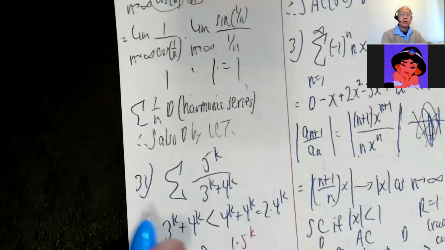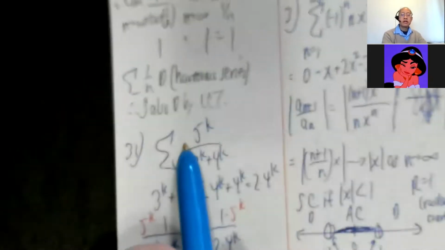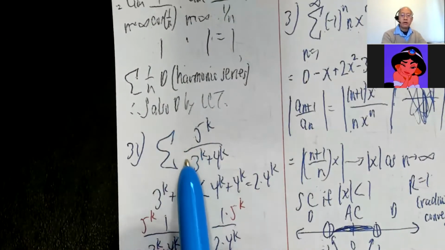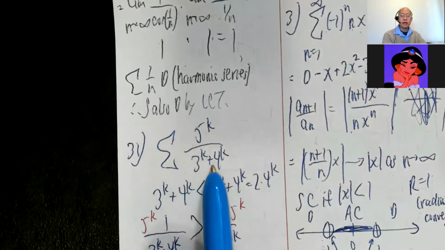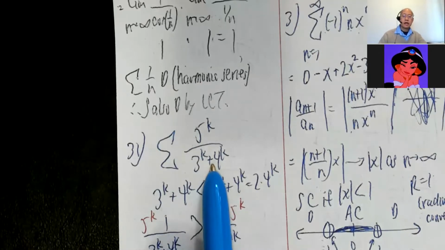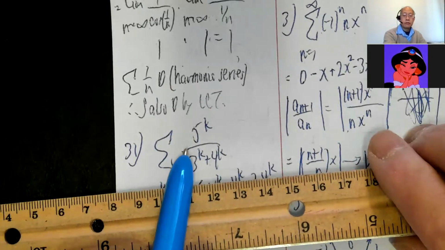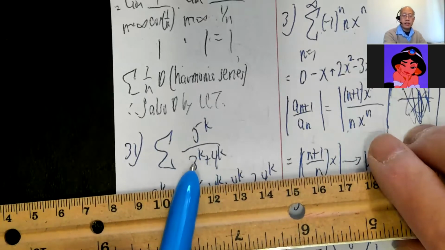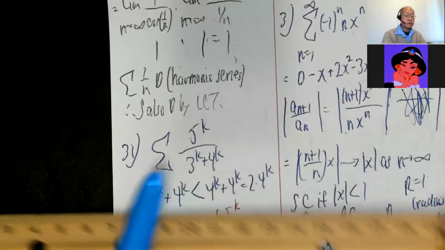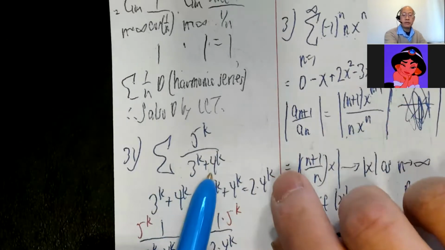Okay, 31. Summation 5 to the k over 3 to the k plus 4 to the k. This is kind of weird. Okay, now, if I only had one of these in the denominator, I would say that the series diverges. So suppose I didn't have this one, right?